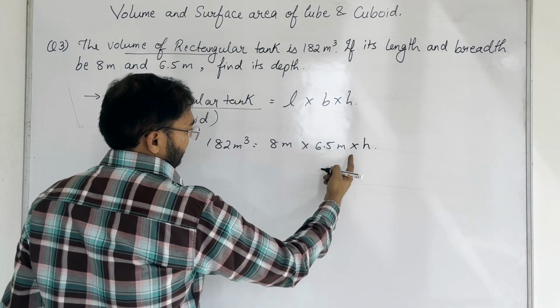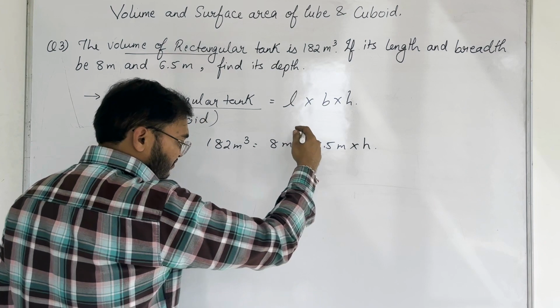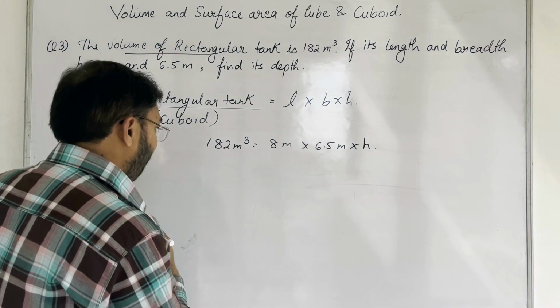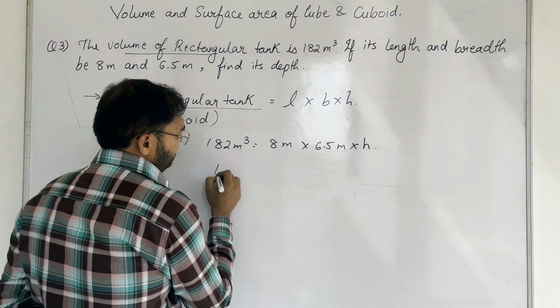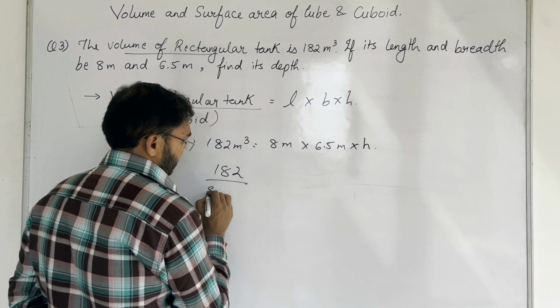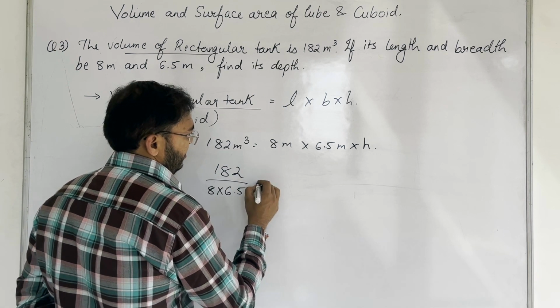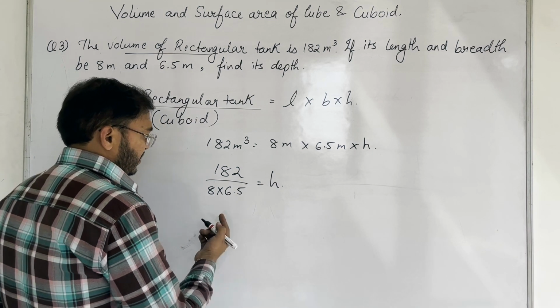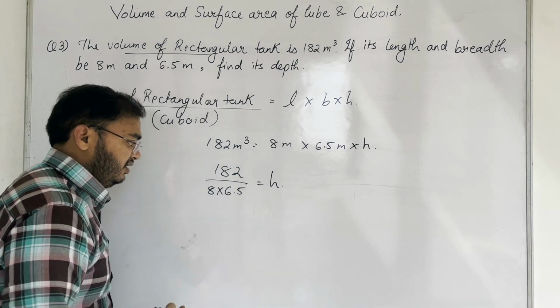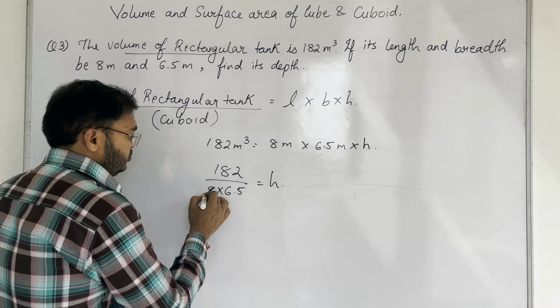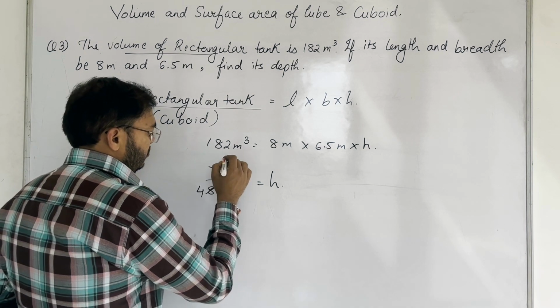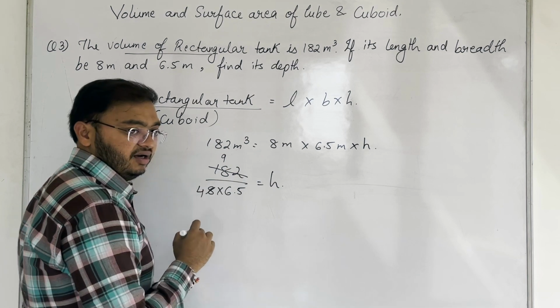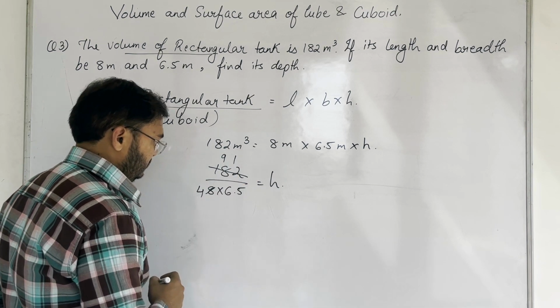To find the height, both the terms are coming in between, so we will take them from the right hand side to the left hand side and they will go in division. That means 182 divided by 8 into 6.5, which is equals to height. So what can we do? If you see, both are divisible by 2. That means 2 4s are 8, 2 9s are 18, 2 1s are 2.